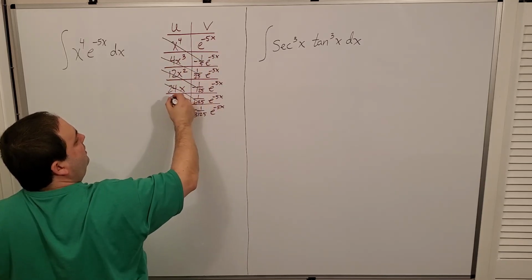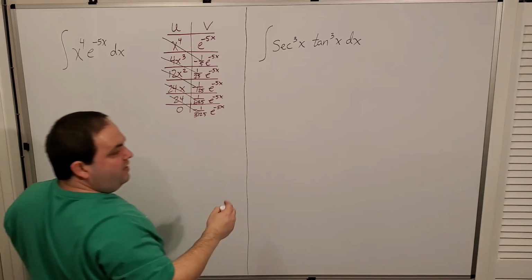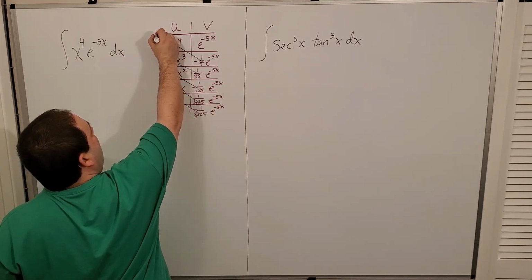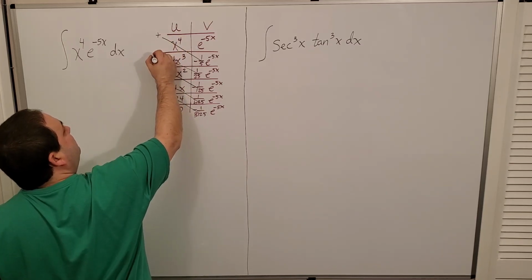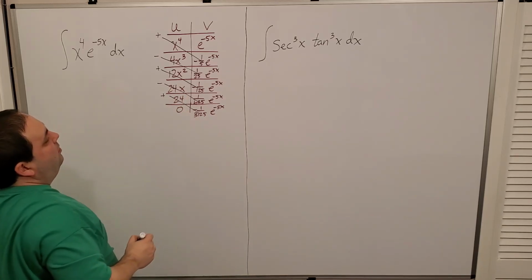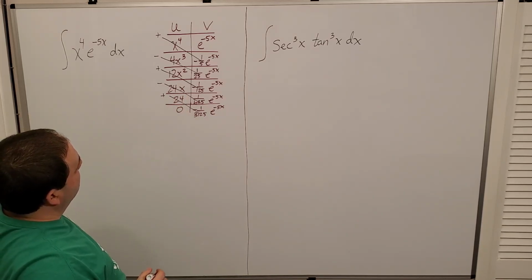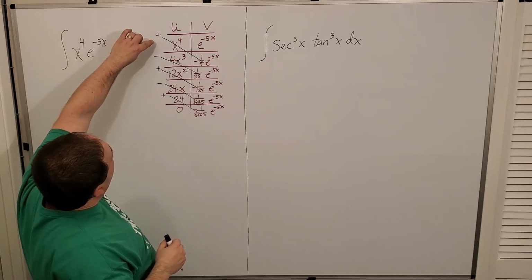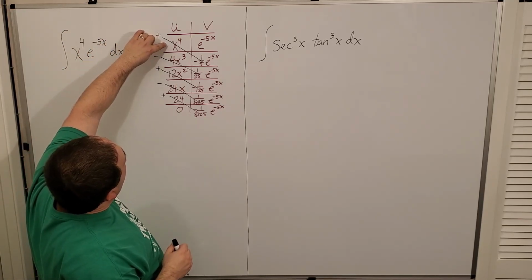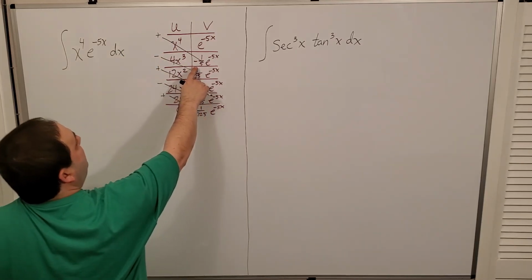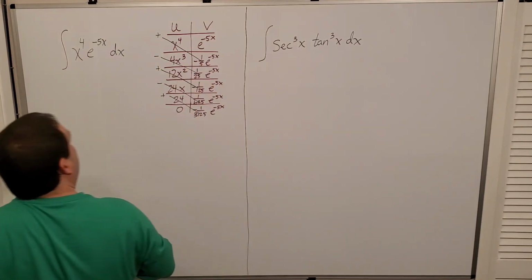And don't forget, integration by parts, uv minus the integral of v du. The minus makes these signs alternate. So it starts positive, goes to negative, then positive, negative, and positive. Right? Okay, so then from here, I'm going to start with x to the 4th times the negative 1/5 e to the negative 5x.